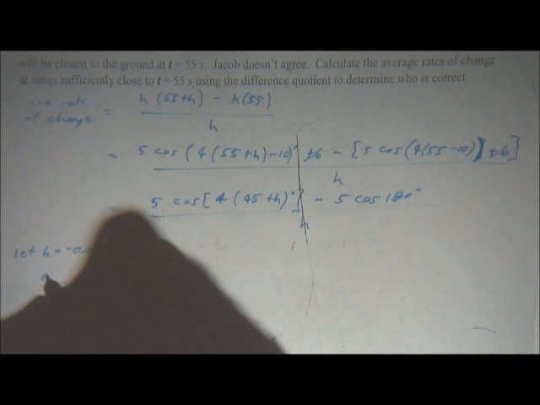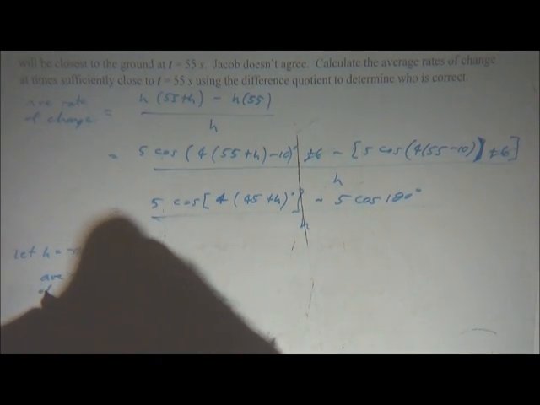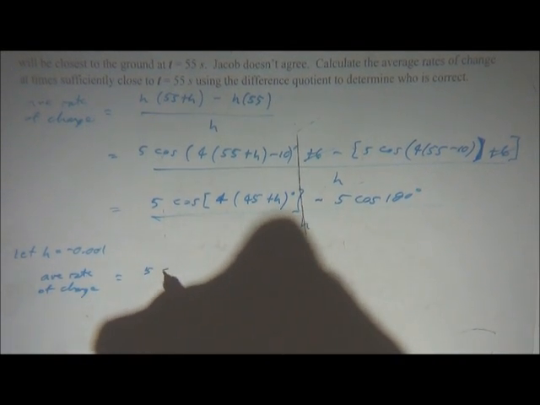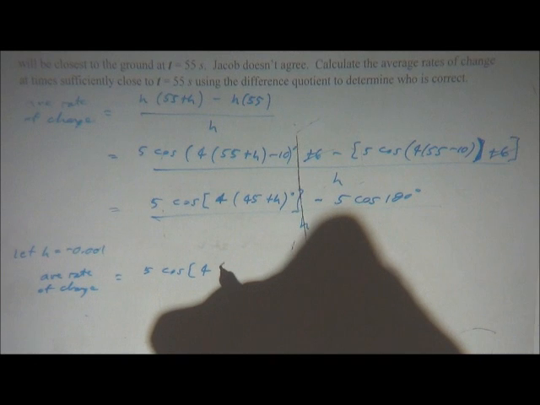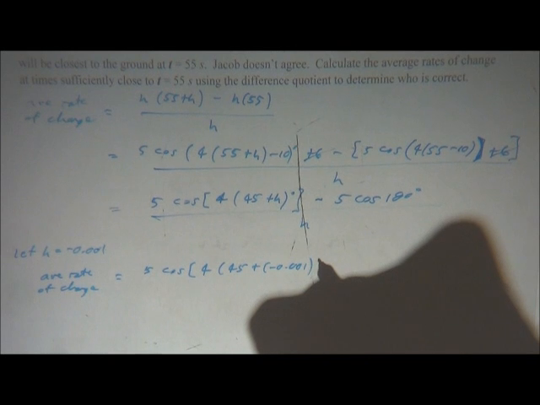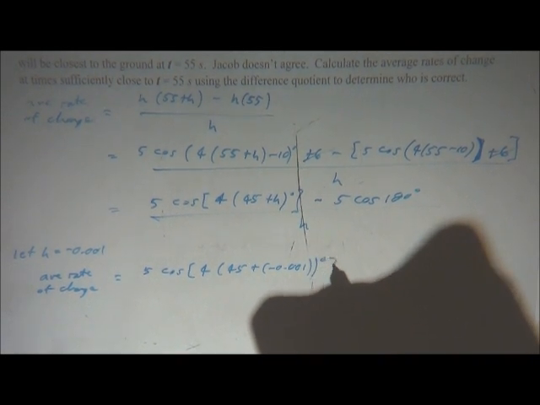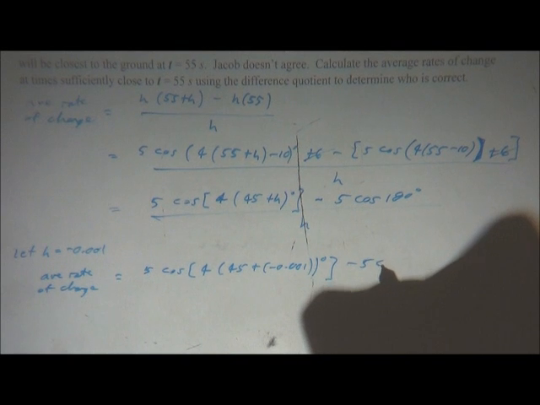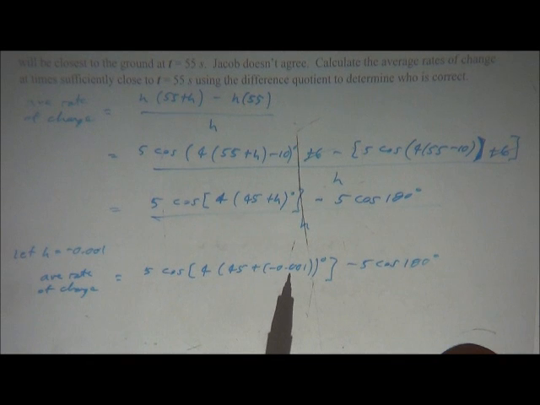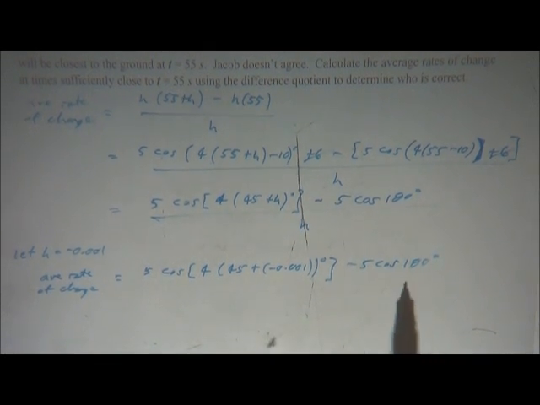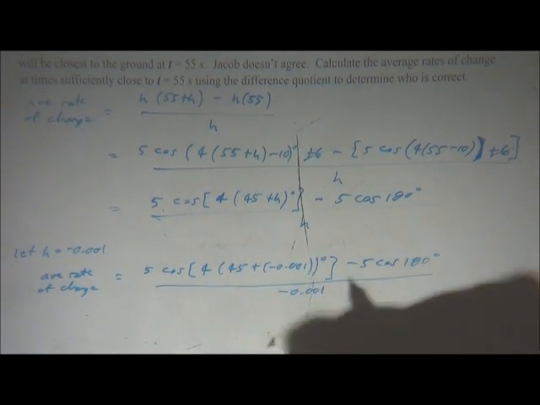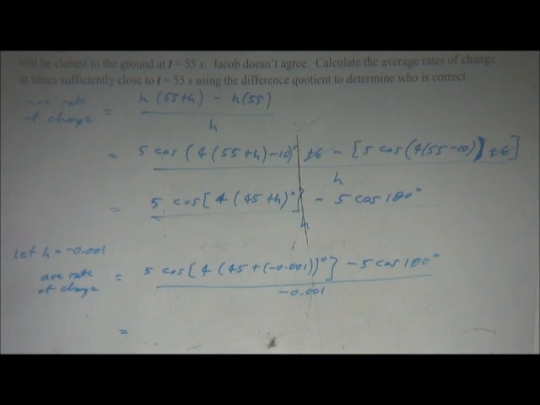So then the average rate of change, lots of brackets here. So we've got 5 cos 4 times 45 plus negative 0.001, again, all over, and now instead of h, it's negative 0.001. We simplify all of this.